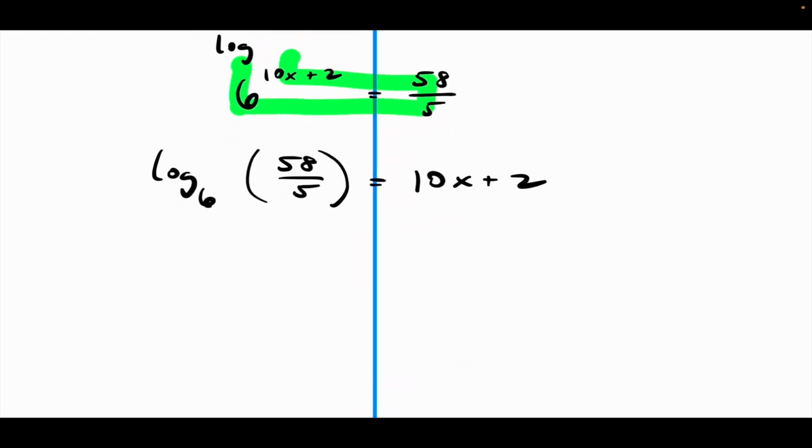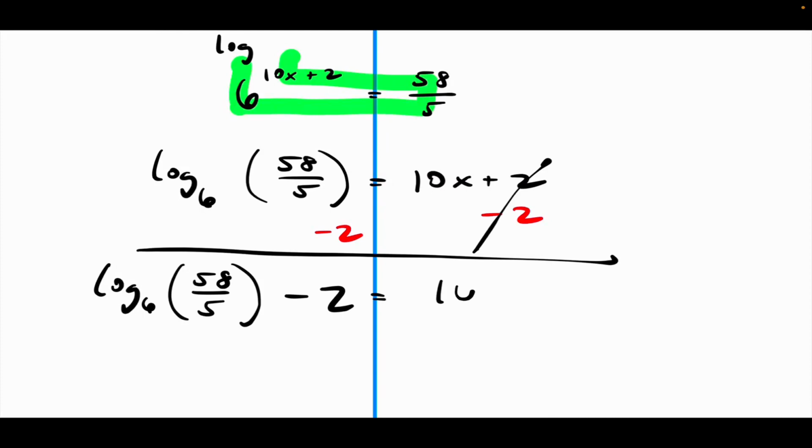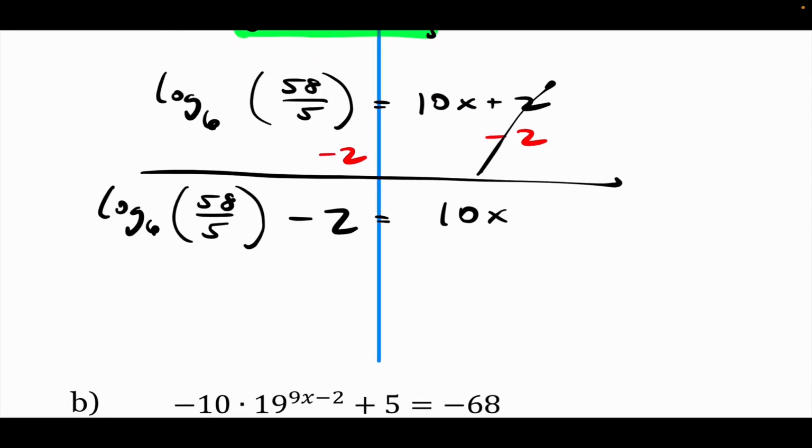Now I got to solve for x. Minus 2 from both sides. Well, this is a log. I can't subtract a 2, so I'm just going to put the minus 2 over here. Okay.